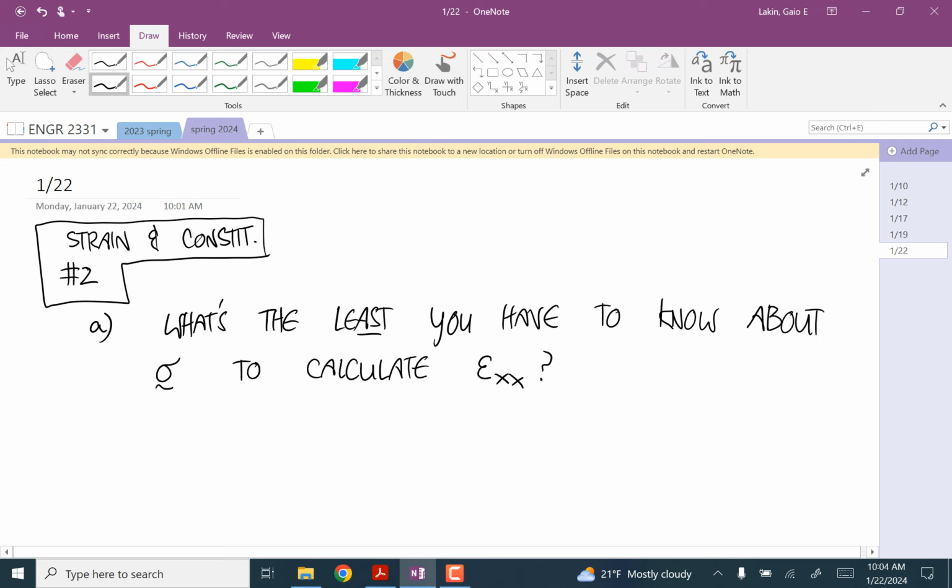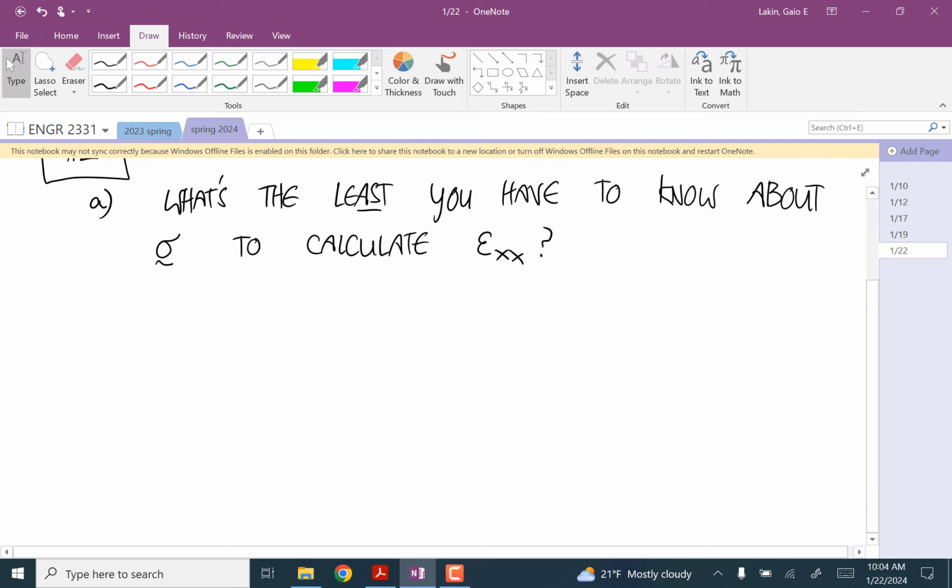Okay. And so all this is just based on these matrix relationships. So here's the full matrix relationship.